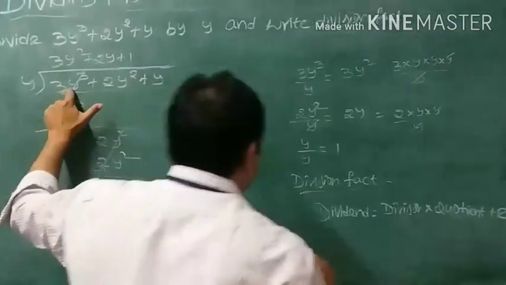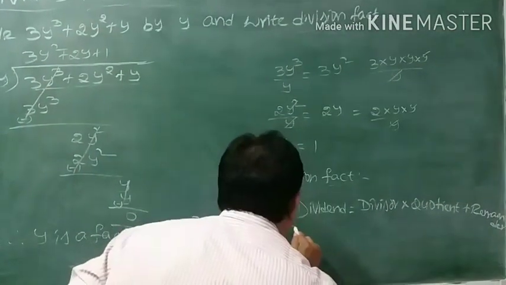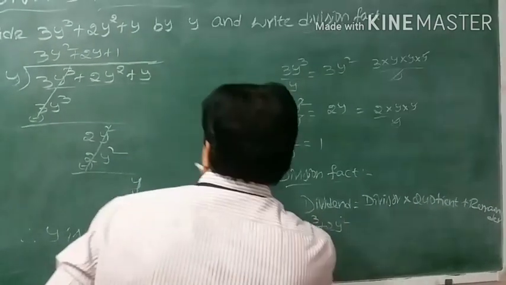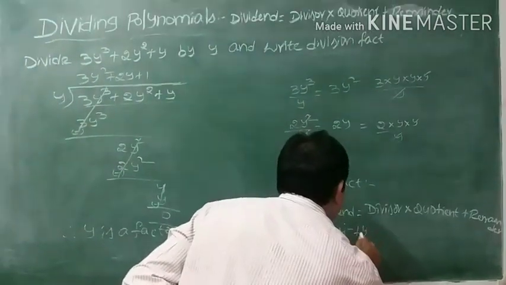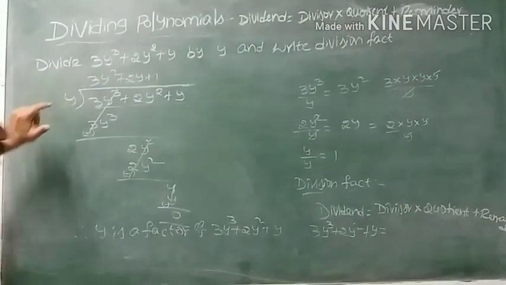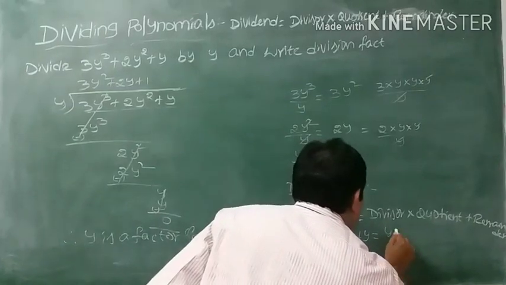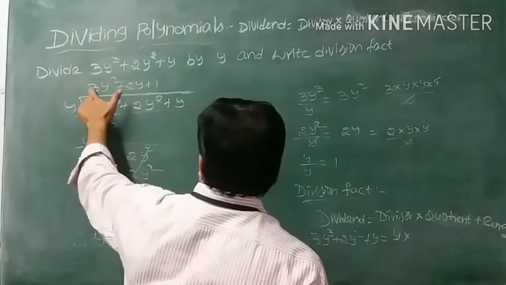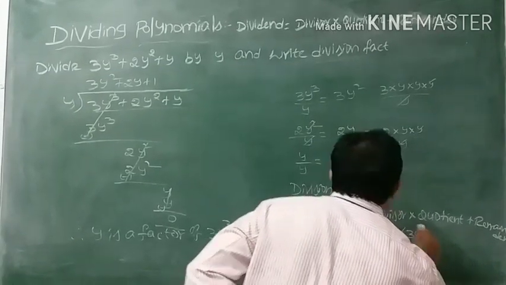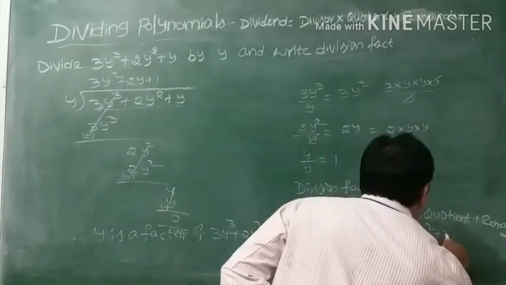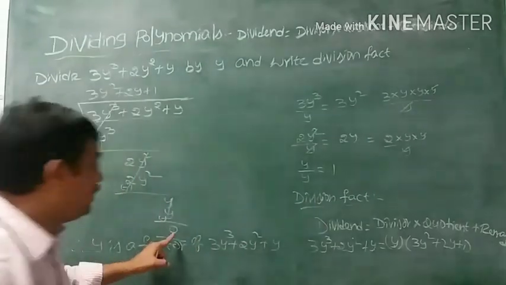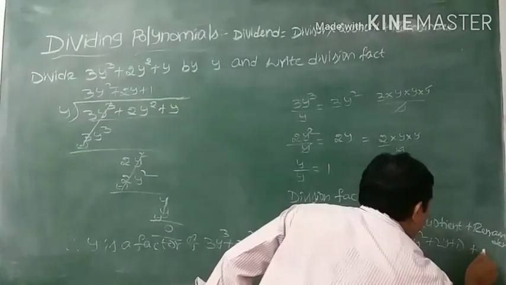Therefore dividend is nothing but 3y cube plus 2y square plus y is equal to divisor. Here divisor is nothing but y. Divisor into quotient 3y square plus 2y plus 1. Then the remainder. Here what's the remainder? We get 0.